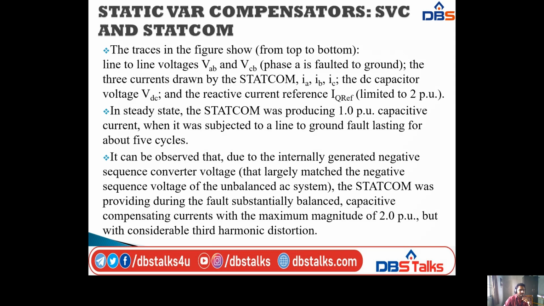So it can be observed that in steady state, the STATCOM was producing 1 per unit capacitive current when it was subjected to a line to ground fault lasting for about 5 cycles.